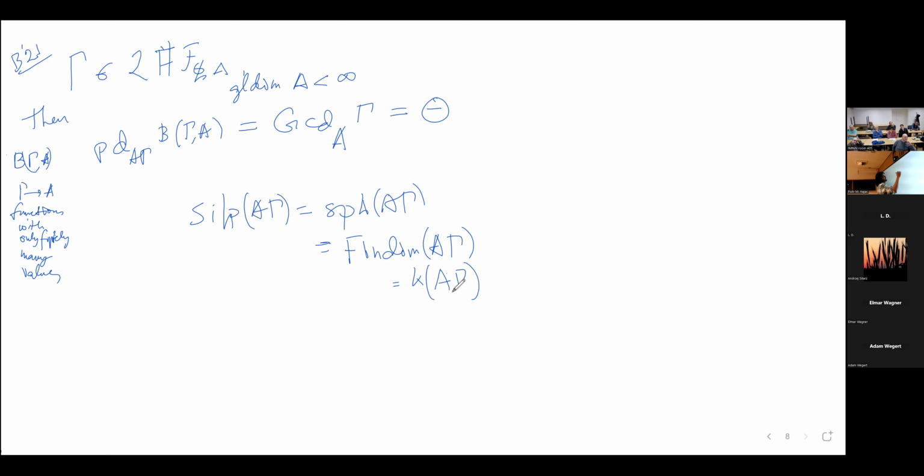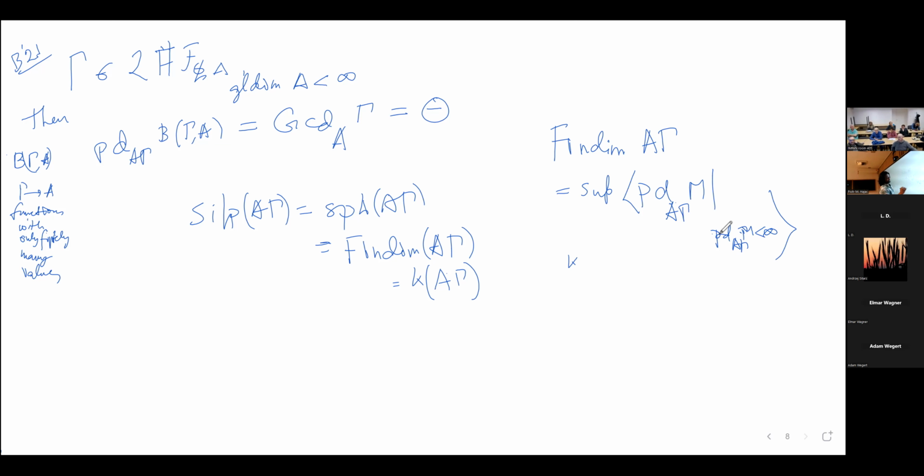What is the finitistic dimension? This is a very common quantity from representation theory of finite dimensional algebras, for example, but of course we don't have a finite dimensional algebra here. I take the supremum over the projective dimensions of all modules over A gamma such that this projective dimension is finite. I take the set of all modules that have finite projective dimension and I take the supremum over their projective dimensions.